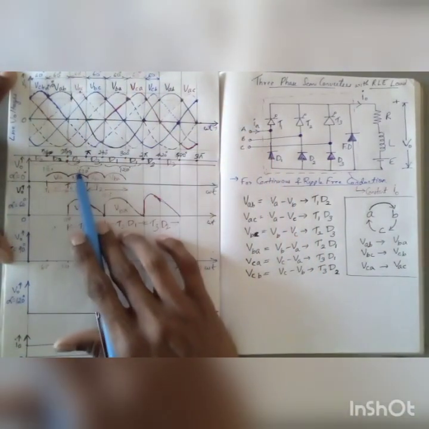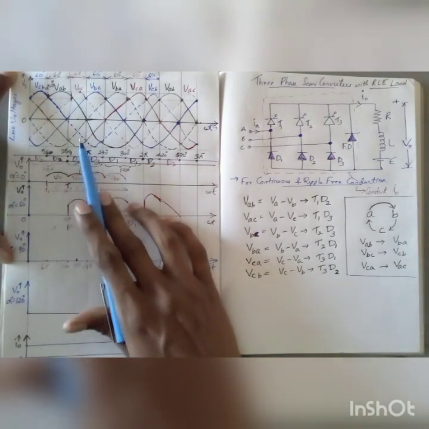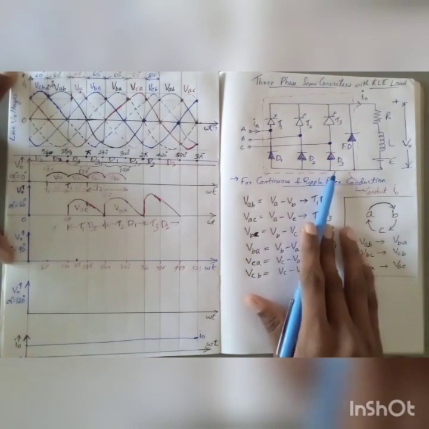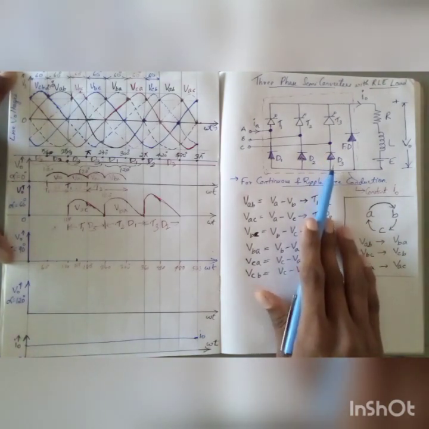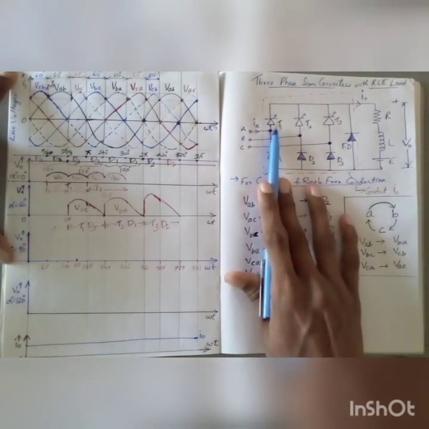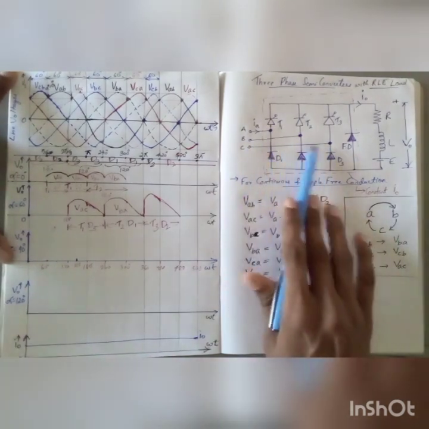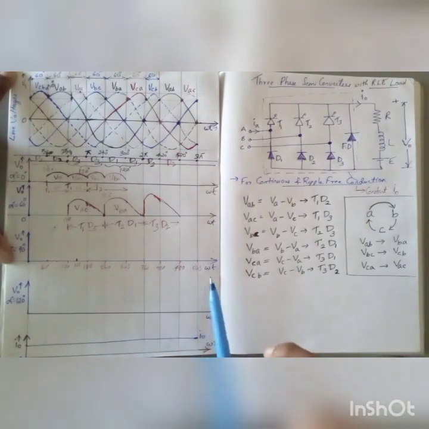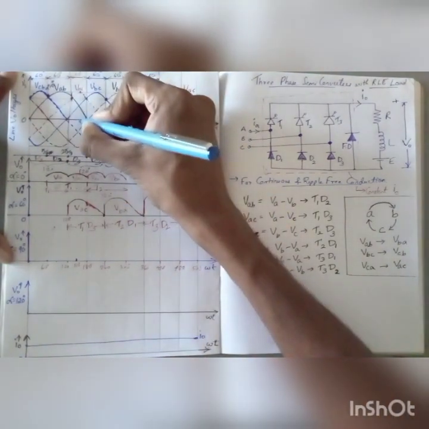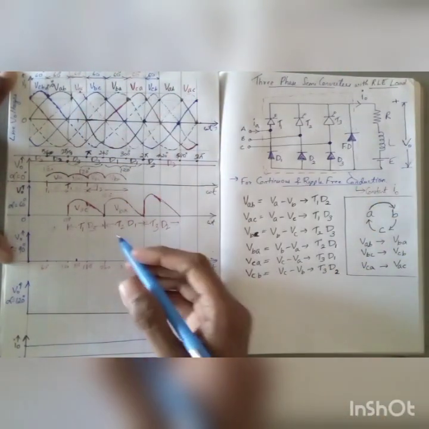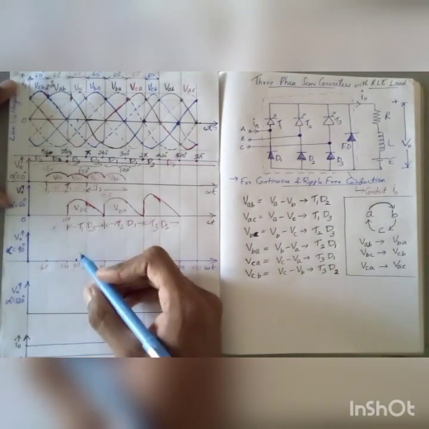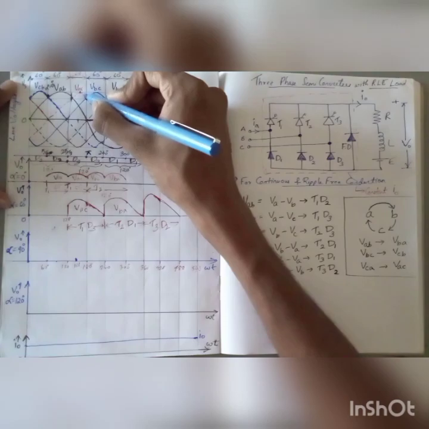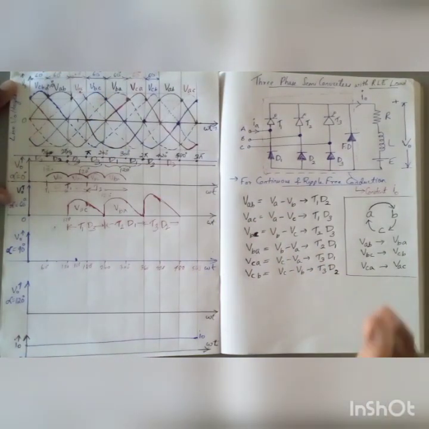At that time we already know that minus VC means D3 is conducting, and now I have triggered my thyristor 1. So VAC will come across my load, V0 will be equal to VAC, from omega t equal to 150 onwards.